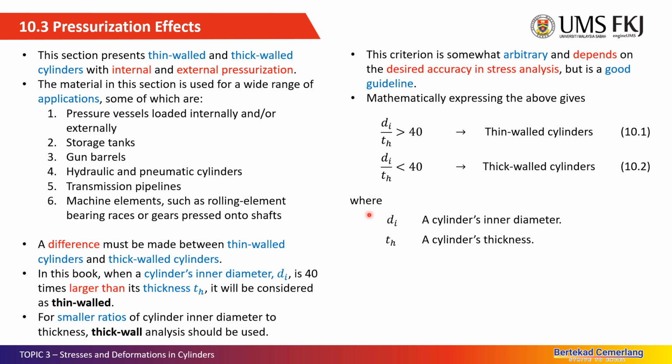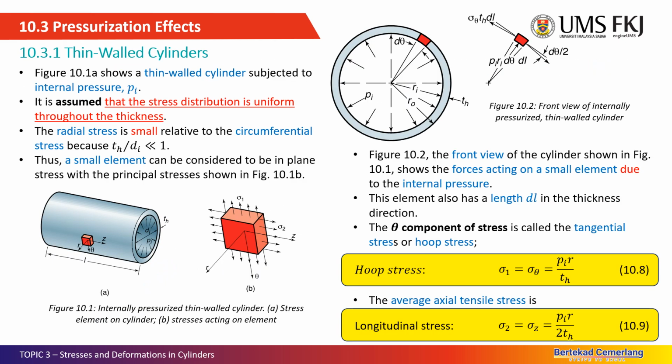Here we have shown the abbreviations, where Di is the cylinder inner diameter, while Th is the cylinder thickness. Then we continue to 10.3.1, thin wall cylinder.